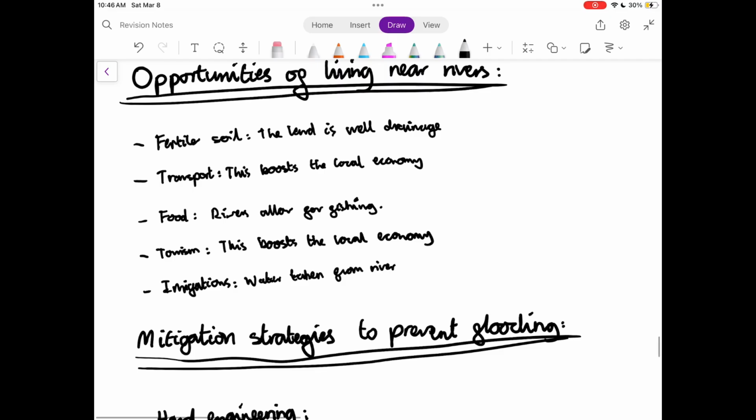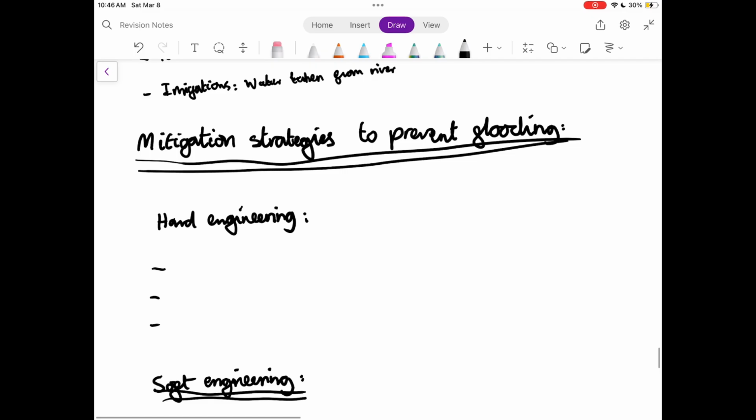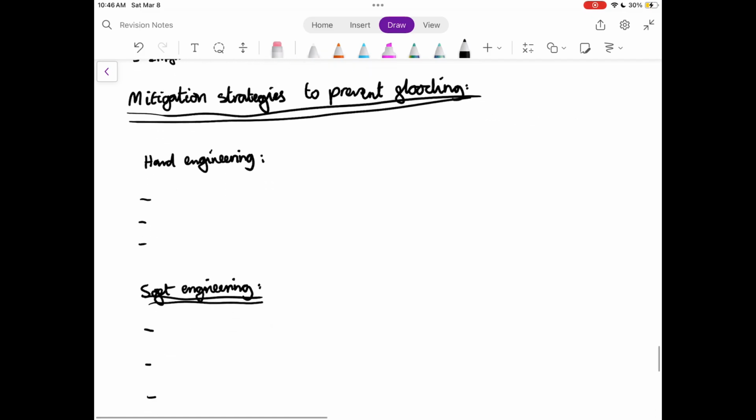Okay, so the next thing we need to know are the mitigation strategies to prevent flooding. So there's two types of engineering that takes place to mitigate floods.